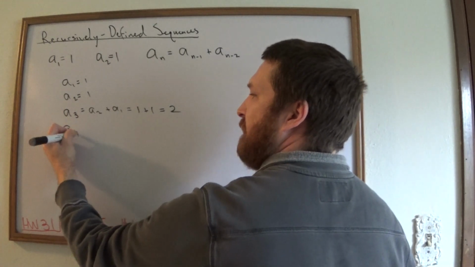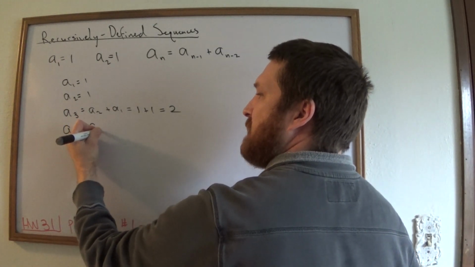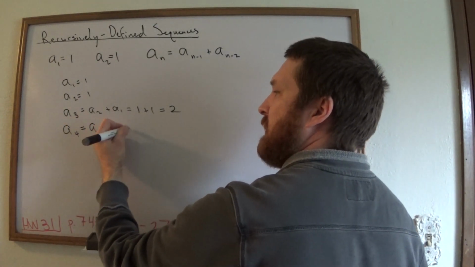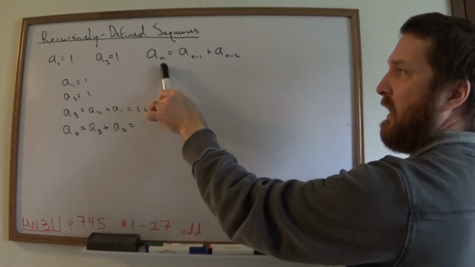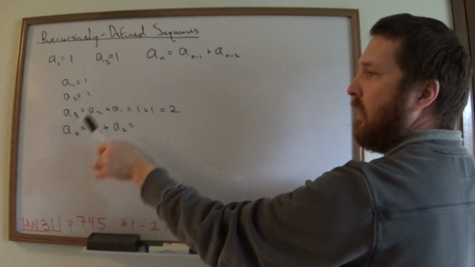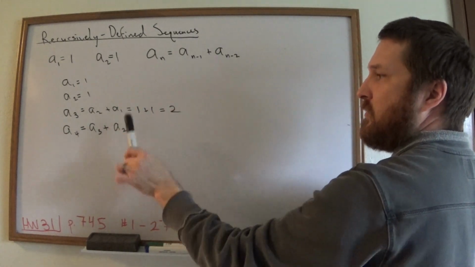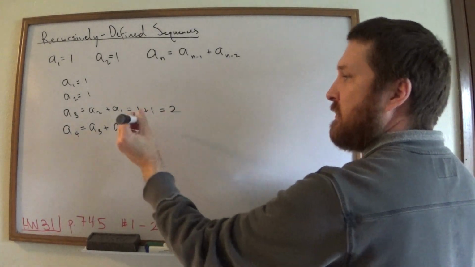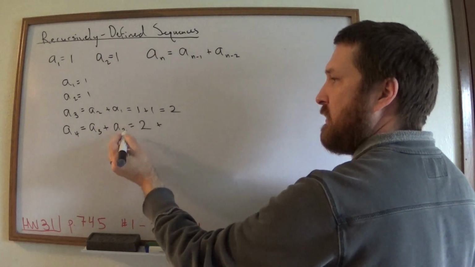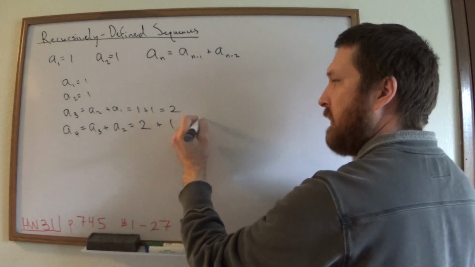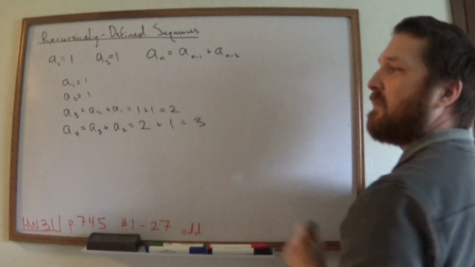And so then A4 was the sum of the previous 2, which would be A3 plus A2. Just check that. If n is equal to 4, then n minus 1 is 3, n minus 2 is 2, A3 was 2, A2 was 1, and we get 3. And so on and so forth.